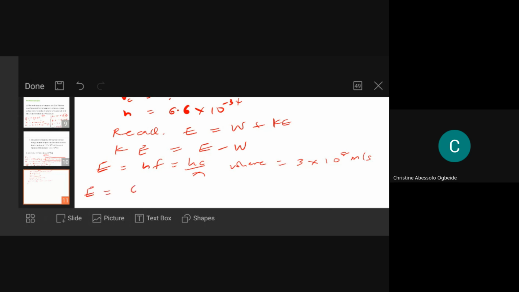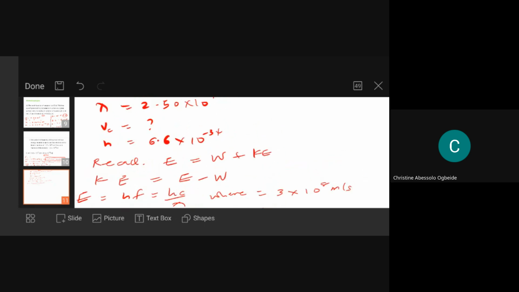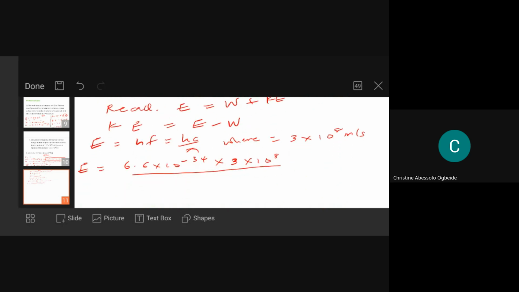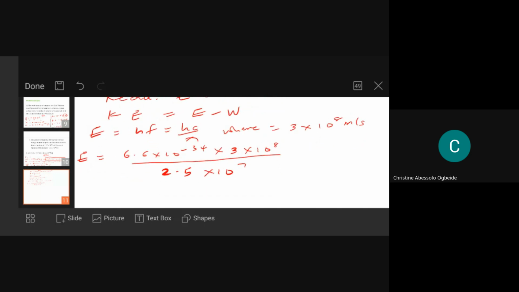So we can find our E. E becomes 6.6 times 10 to the minus 34, multiplied by the speed of light, 3 times 10 to the 8, everything divided by the wavelength, which is 2.5 times 10 to the 7. Someone should tell me what the value of this would be.